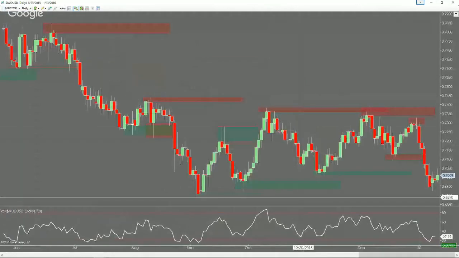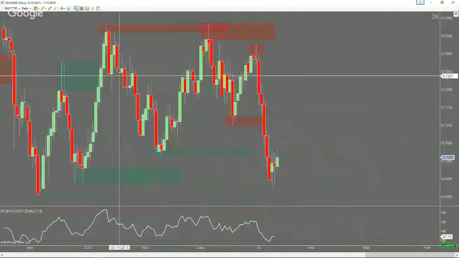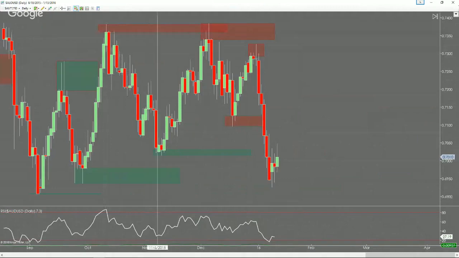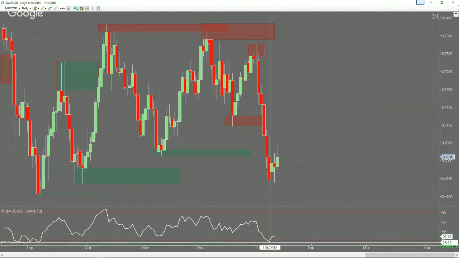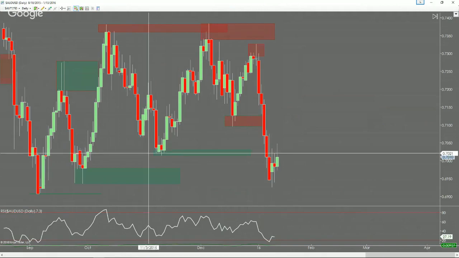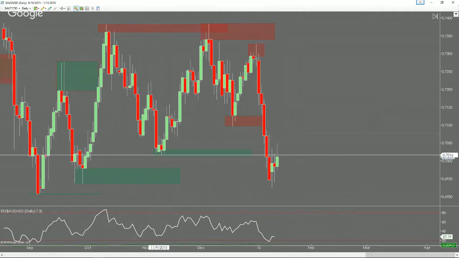Aussie dollar. Aussie dollar looks like it's still respecting these support and resistance levels. It did hit that and went oversold. Now it is looking like it's retracing back. The first form of resistance that we'll probably find is this level.